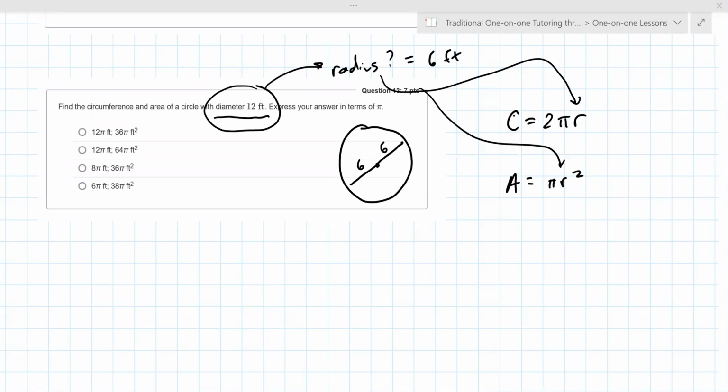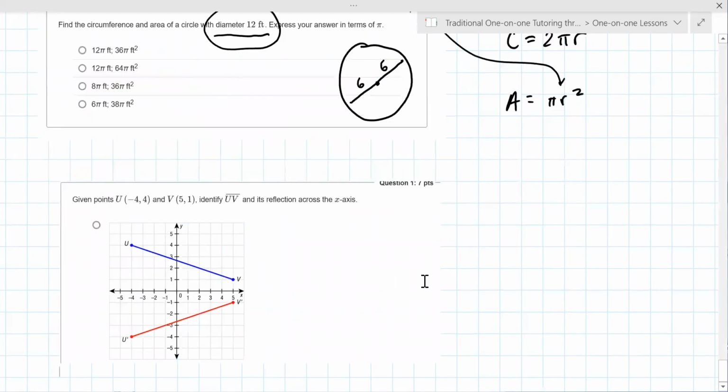Agreed. Okay, I need you to tell me why this is correct. So read the problem and tell me why it is correct.